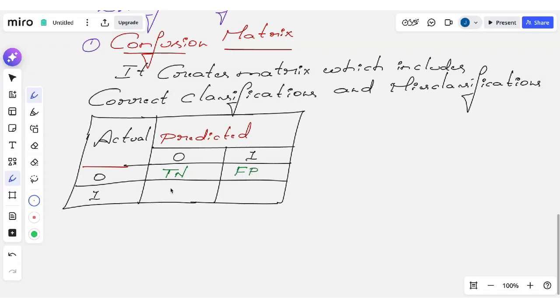Here, actual 1, predicted 0. False negative. It's a false and it's predicting 0, so it will be false negative. Then, actual 1, predicted 1. True positive. This is a confusion matrix. Any questions?